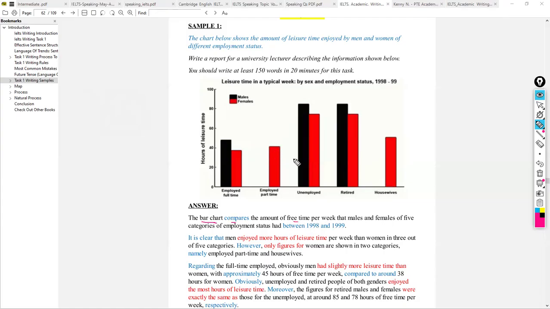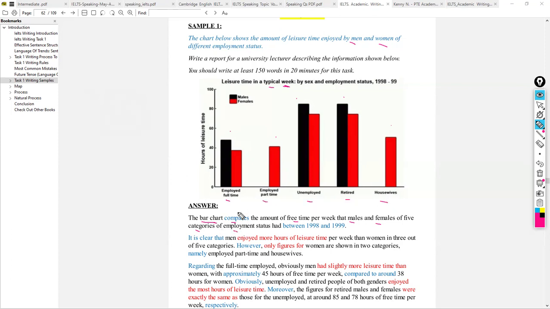Absolutely, I'm talking about weeks, a typical week, that males and females, men and women, of 5 categories. 1, 2, 3, 4, 5 categories. These are the categories that we have.